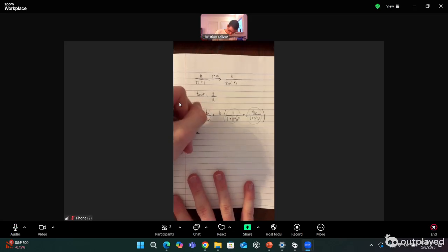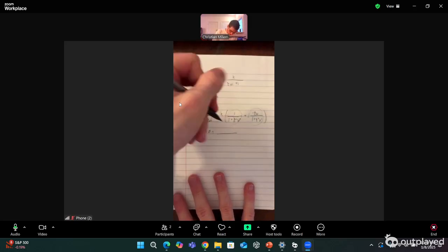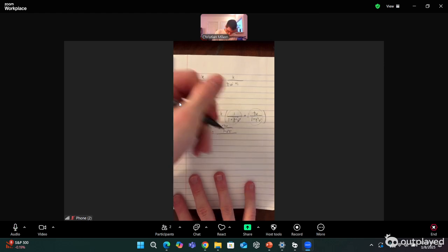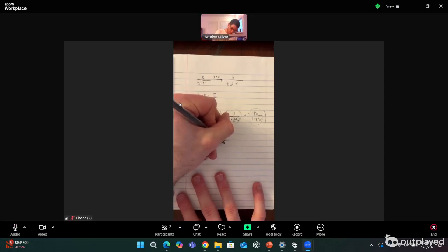So our tan phi would equal our imaginary part, which is going to be K negative tau omega over 1 plus tau squared omega squared, over K over 1 plus tau squared omega squared.